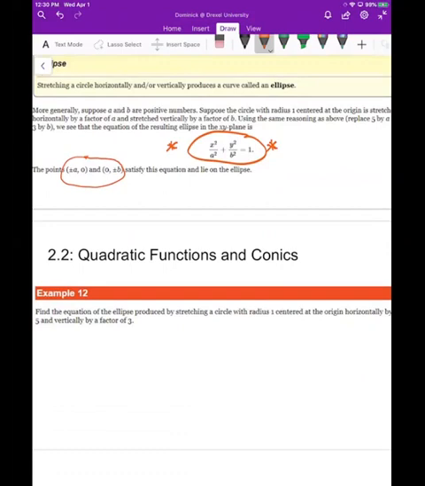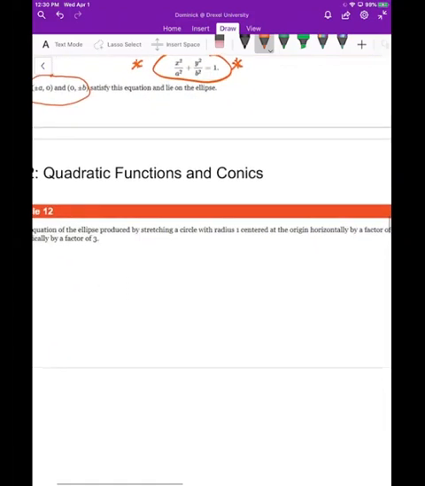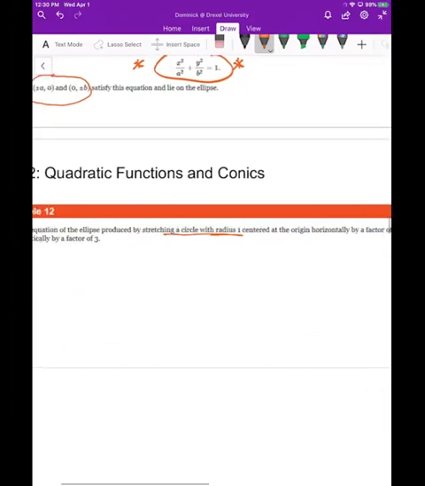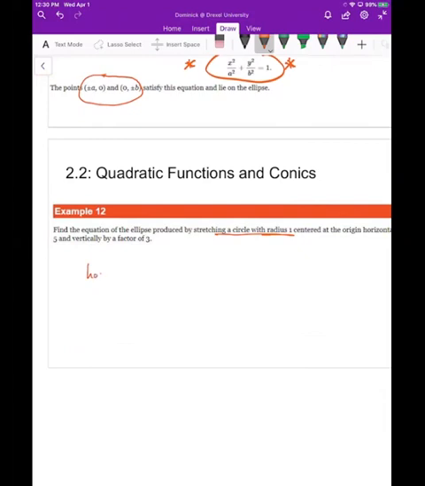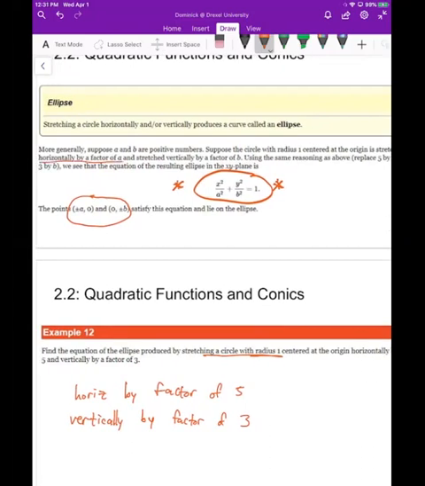Okay, so in this first example, we want to find the equation for the ellipse that's produced by stretching a circle with radius 1 centered at the origin, so we know it fits this formula. It's stretched horizontally by a factor of 5, and it's being stretched vertically by a factor of 3. Now, the horizontal stretch is associated with the x term, so we can call that our a.